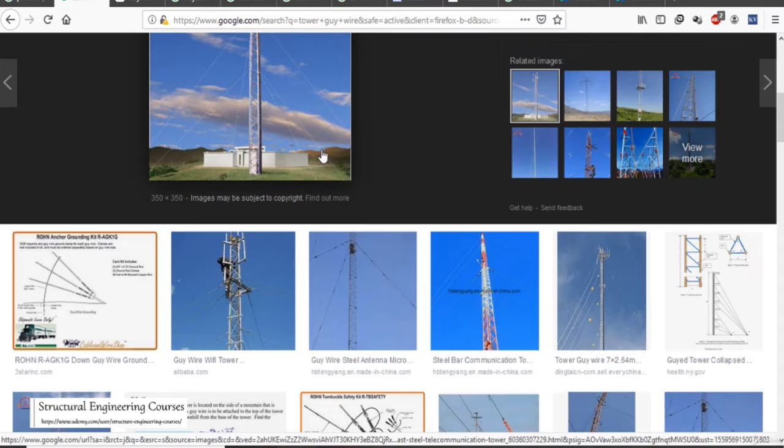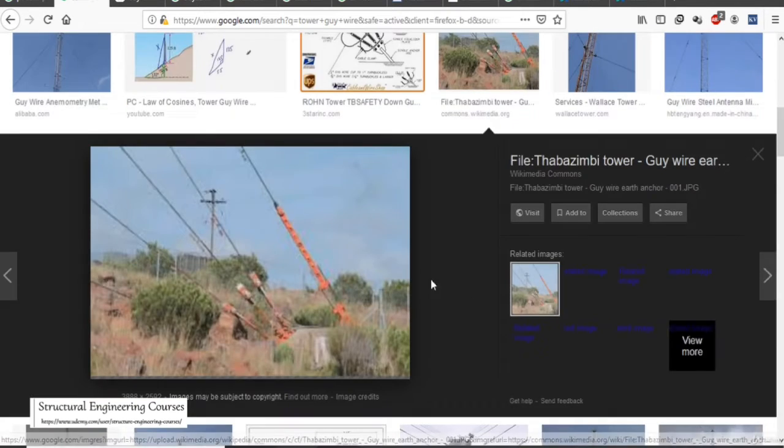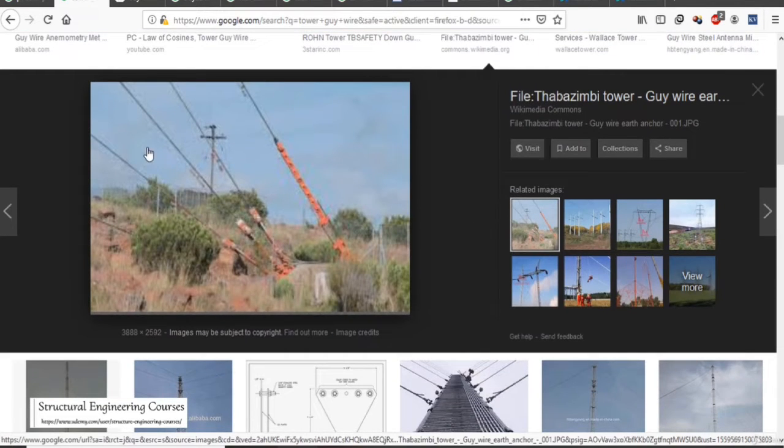This type of guy wire is supported from the ground like this. This is a dead man anchor. This particular concrete block is called a dead man anchor, and this is called a guy wire. And here you can see some turnbuckles, which are also called turnbuckles in site language. When we rotate these turnbuckles, we can apply much more tension in these cables.